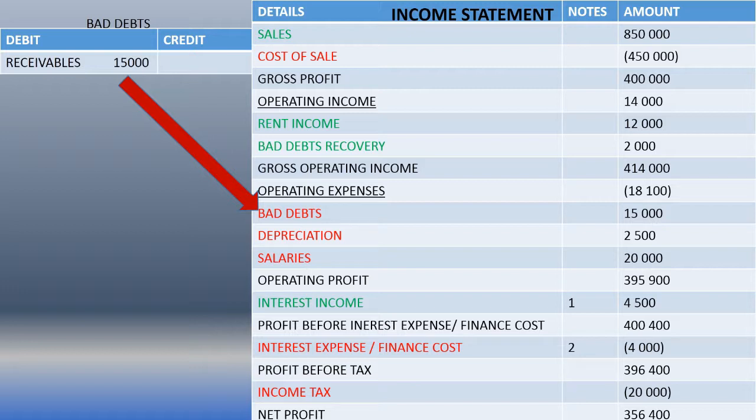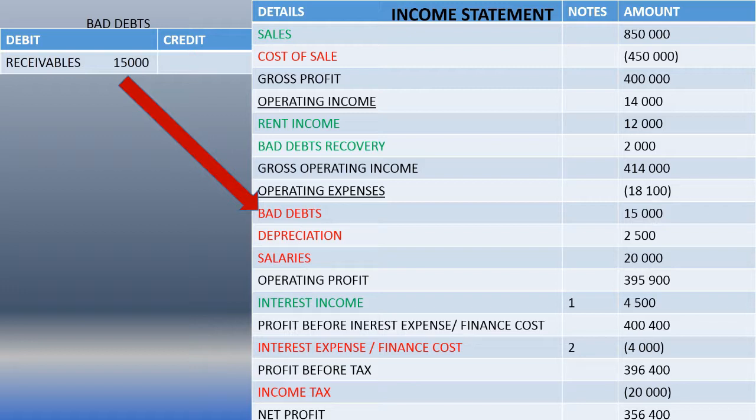We have to debit receivables with 15,000, since by that day he took those goods, we didn't record 15,000 in the bank account. We record it in receivables, or trade and other receivables.